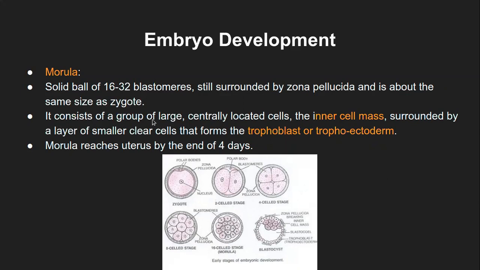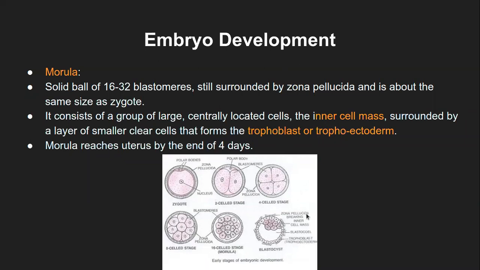It consists of a group of large, centrally located cells, the inner cell mass. Now you can see here, this is the zona pellucida. The diagram is small, but this outermost layer is present here, and the inner cell mass is surrounded by a layer of smaller clear cells that forms the trophoblast or trophoectoderm.